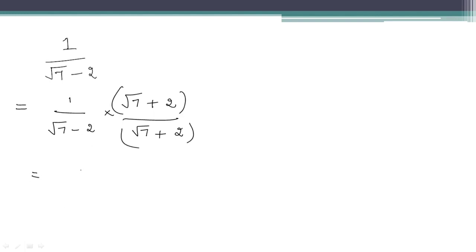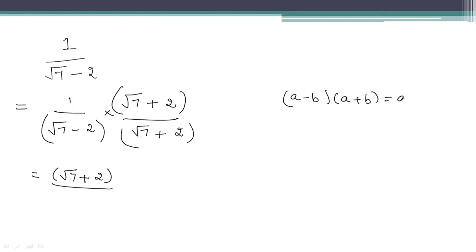Now 1 into root 7 plus 2, that is root 7 plus 2 only. In the denominator we have root 7 minus 2 and root 7 plus 2, that is also in the form of a minus b into a plus b, that is a square minus b square.